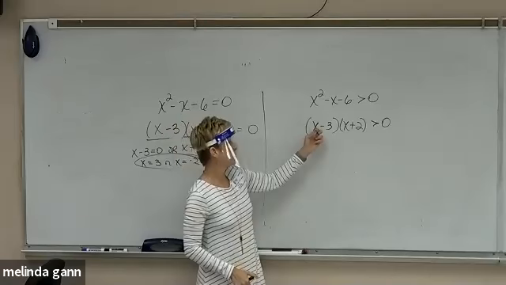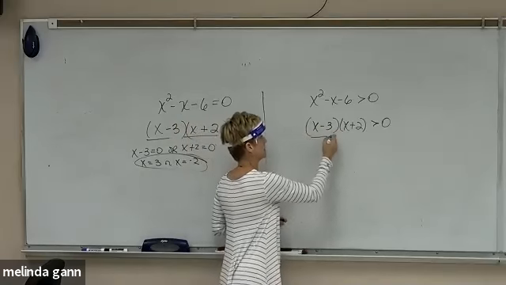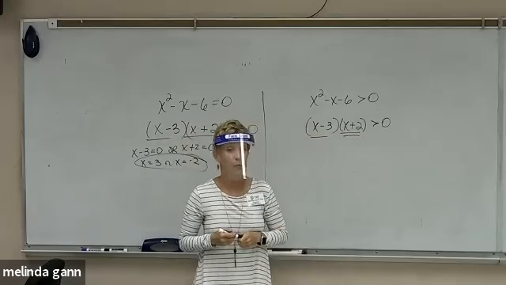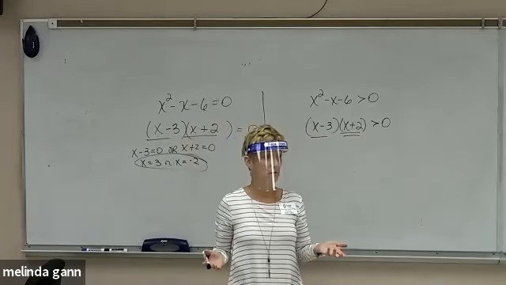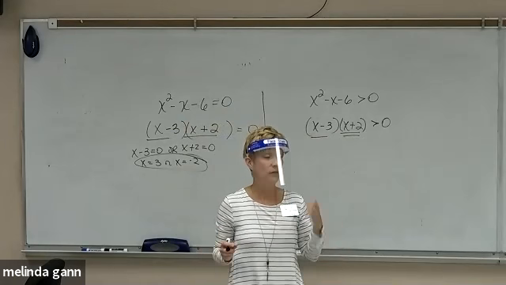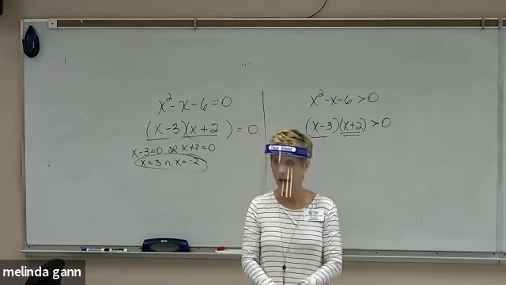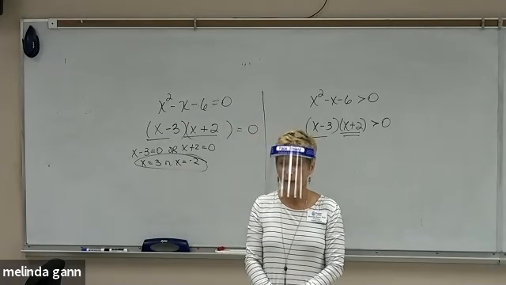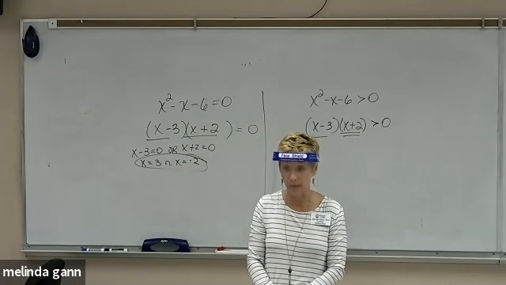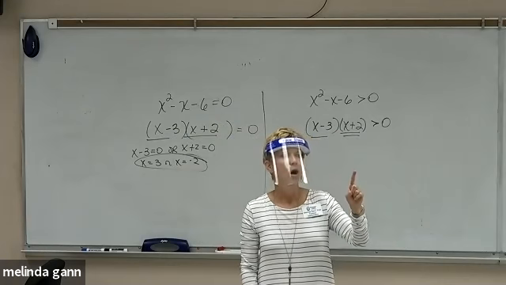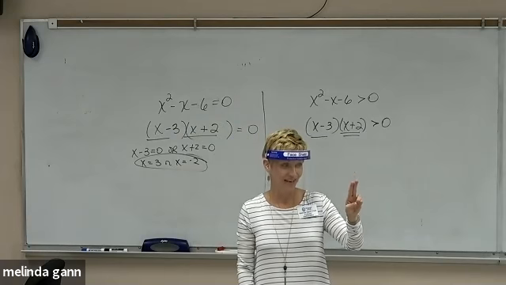This says when you multiply 2 numbers together, the answer is greater than 0. Okay, what kind of numbers are greater than 0? Positive. So this says when you multiply 2 numbers together, the answer is positive. Correct? All right, when can you multiply 2 numbers together and the answer be positive? When they're both positive. Oh, or they're both negative.